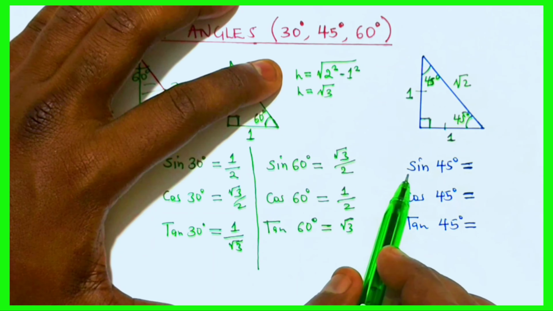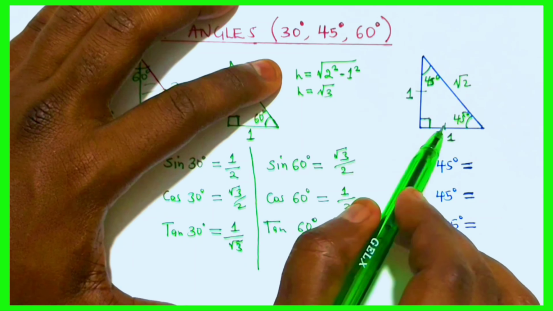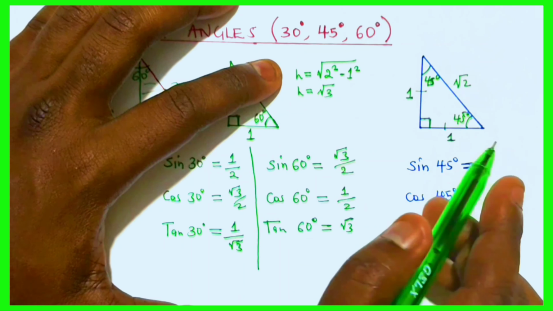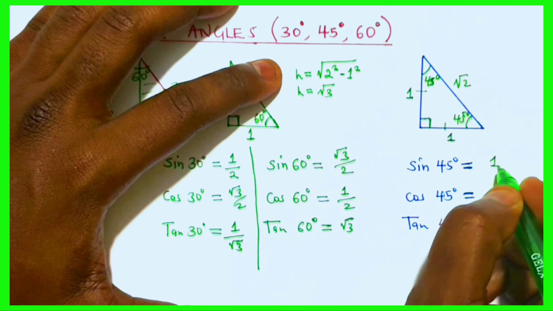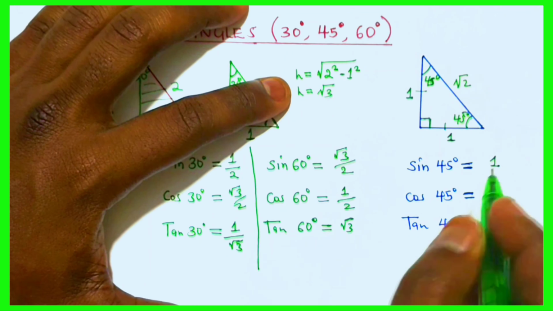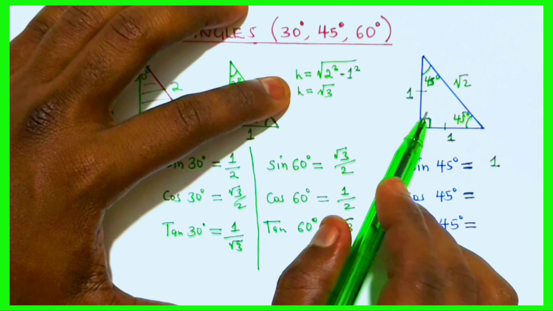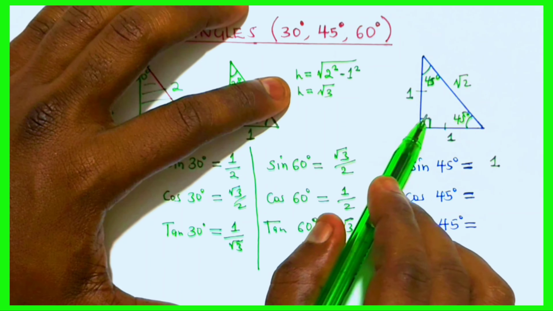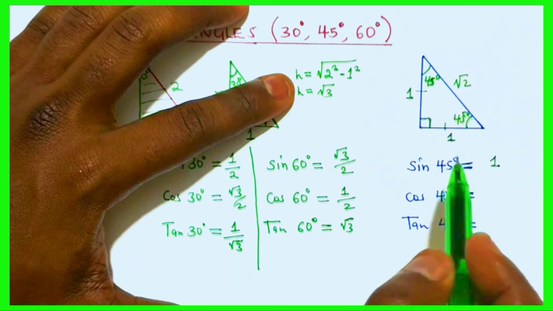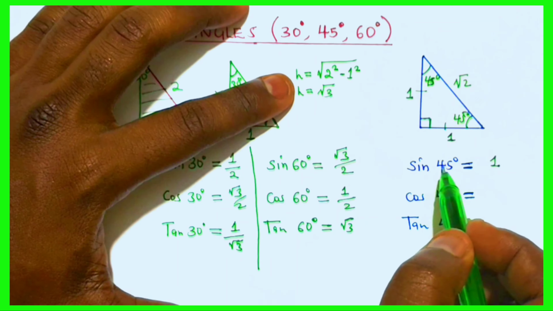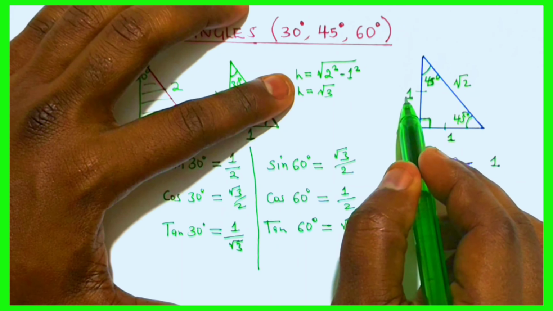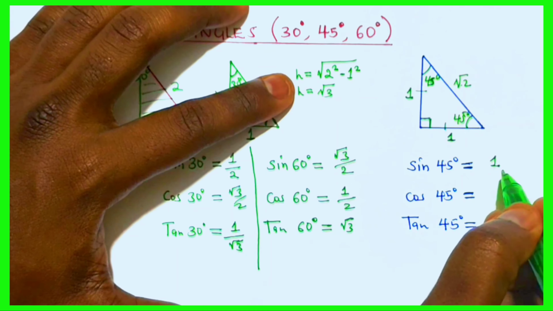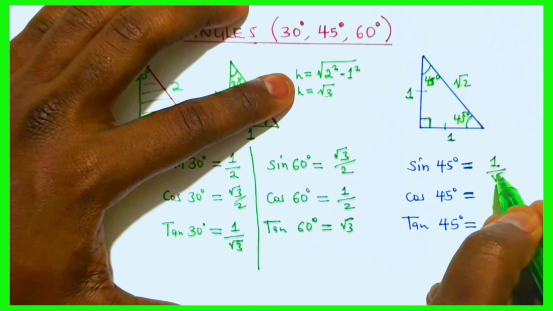So we'll say here that sine of angle 45 will be equal to the opposite over hypotenuse, so it will be 1 over root 2.